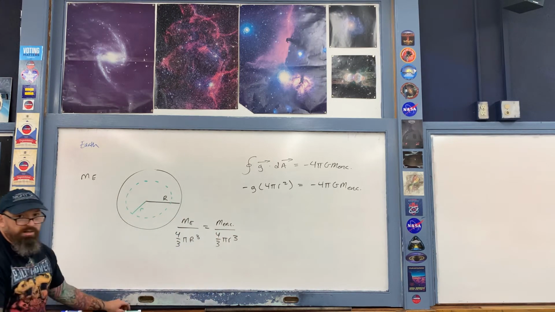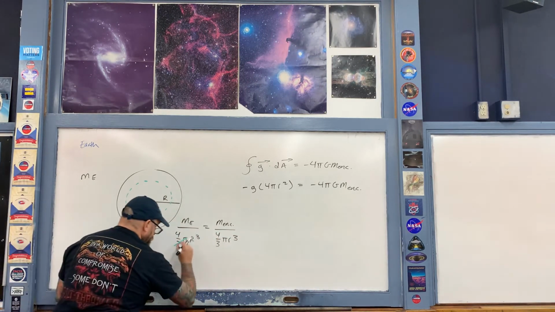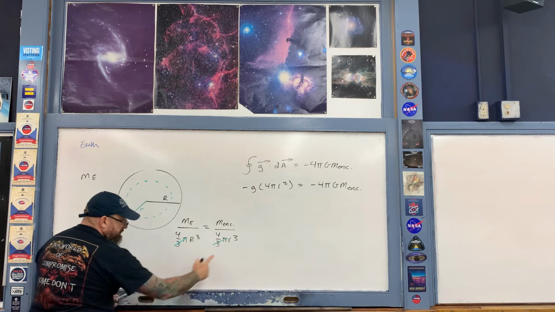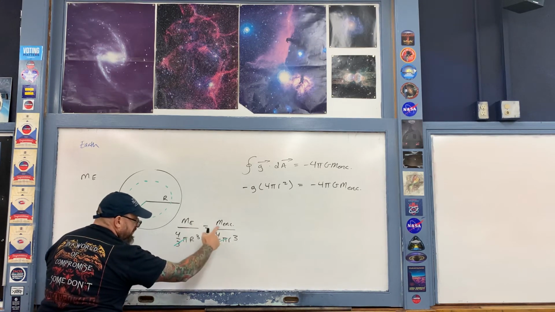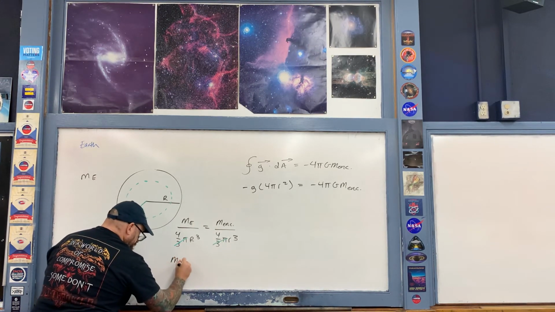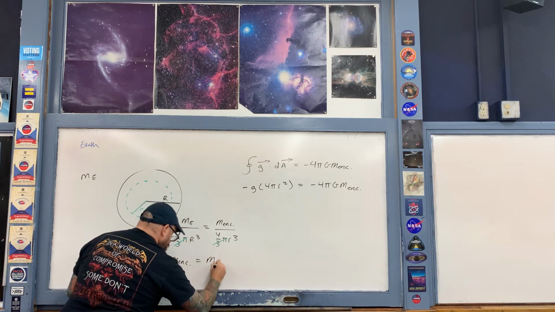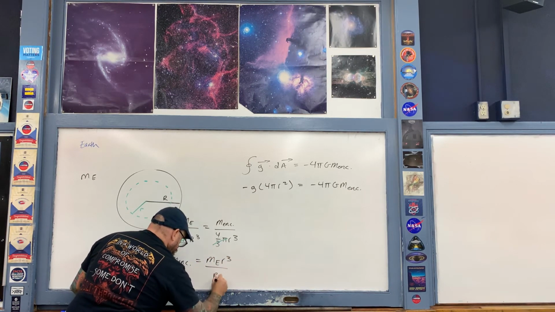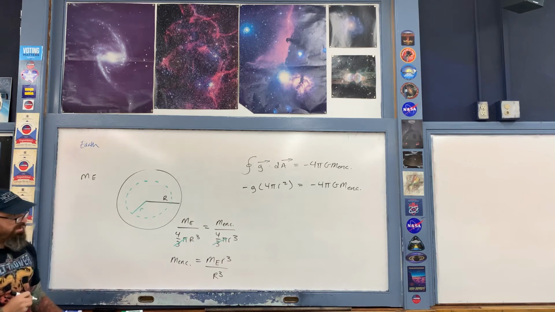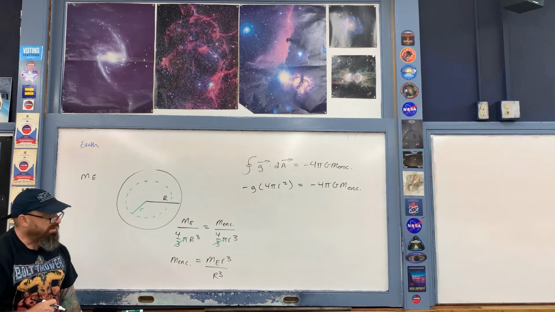The 4/3 pi's cancel out here and here. Cross multiply the little r cubed to the other side to get the mass enclosed. It's this quantity which then fits into the right-hand side of the expression.